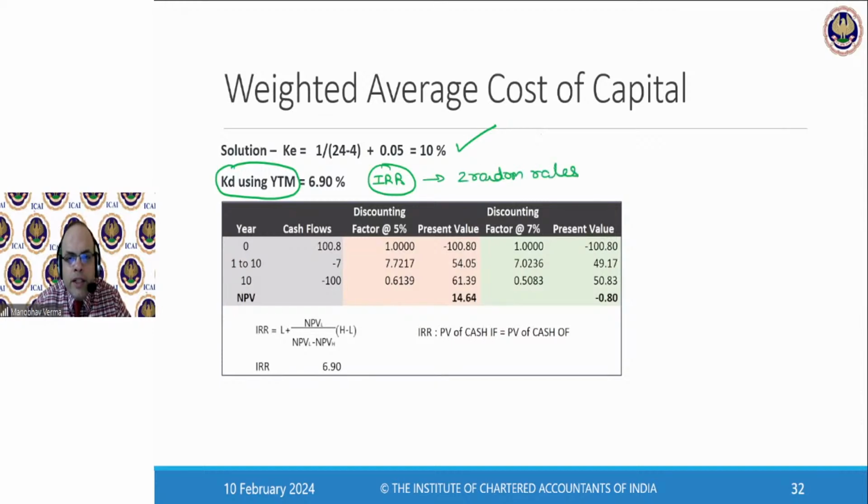This is again a repetition, guys, with one as a lower rate, NPV positive, and one as a higher rate, NPV negative. I have to check that illustration because right now I'm in the middle of some other question. So I request everyone to please concentrate here.